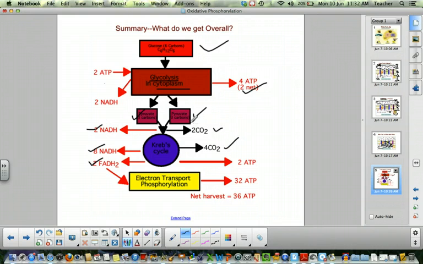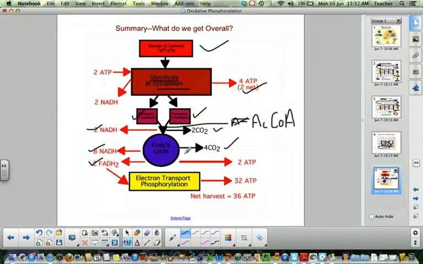Again, this is the conversion of pyruvate to acetyl-CoA. Don't forget about that. That's a kind of separate step. You know what? I'm just going to say A, C, C, O, A. Acetyl-CoA. Okay, that's what's happening there.